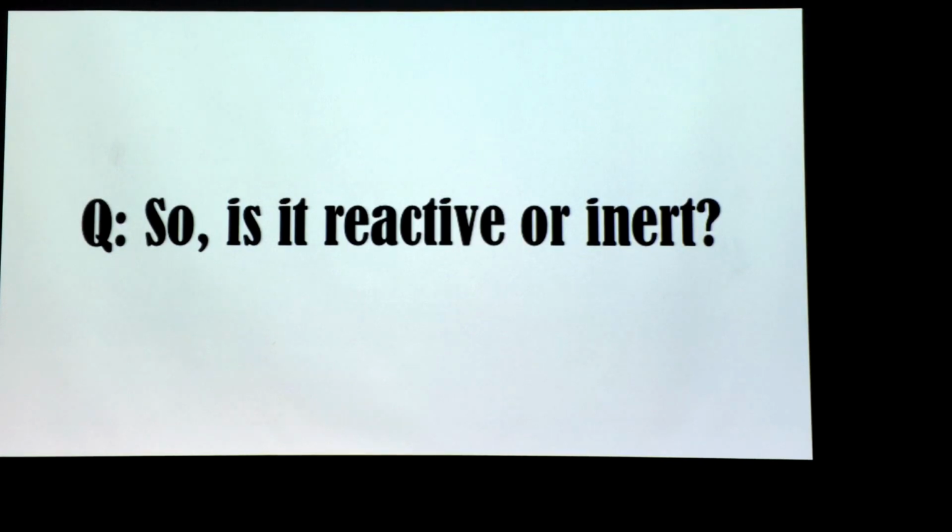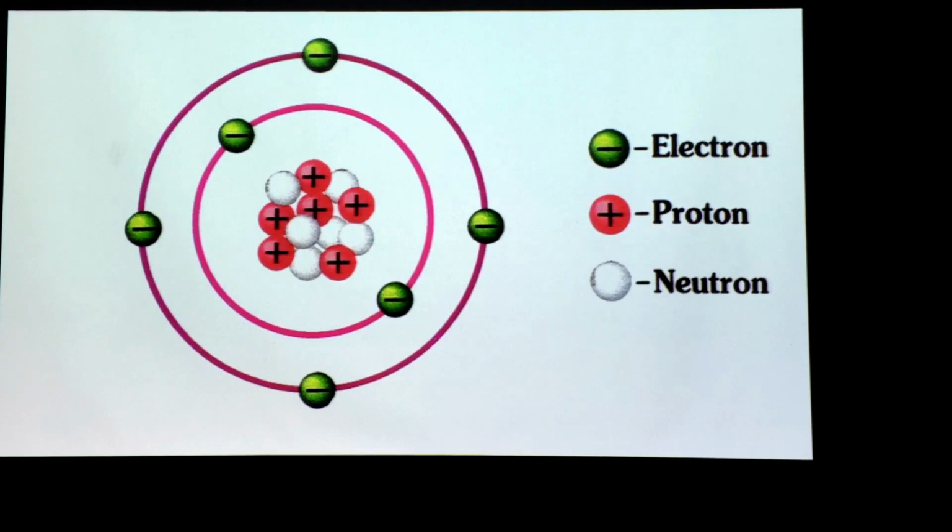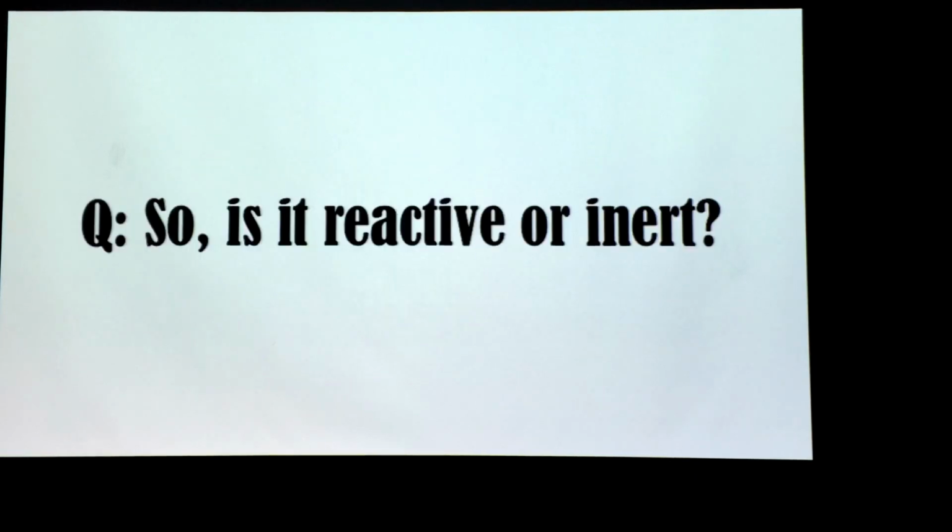Well, is it reactive or is it inert? Is this atom reactive or is it inert? What we really want to know is if the atom has a full set of electrons in its outermost shell, in this case 8 electrons in the outermost ring, then it would be inert.